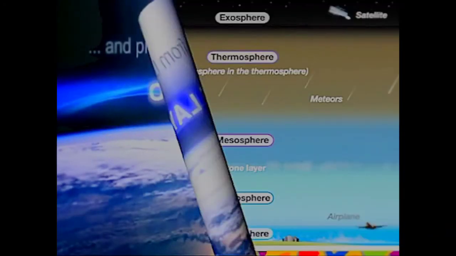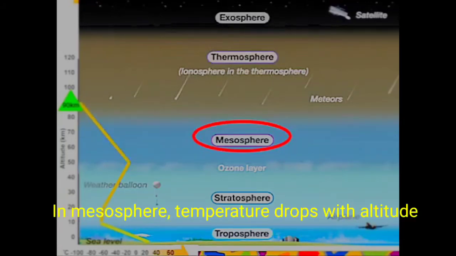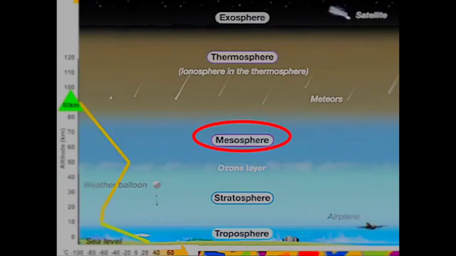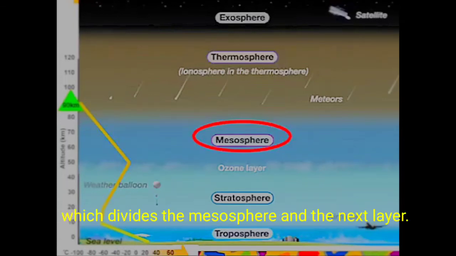The next layer is the mesosphere. It is about 90 kilometers above sea level. In this mesosphere, the temperature drops with altitude. There is also what we call the mesopause, which divides the mesosphere and the next layer.